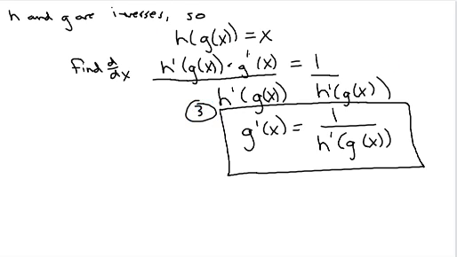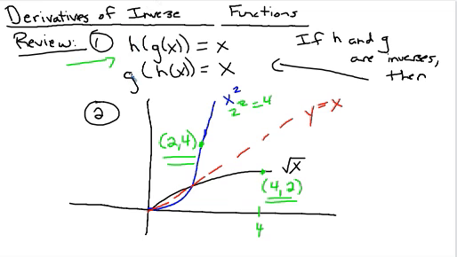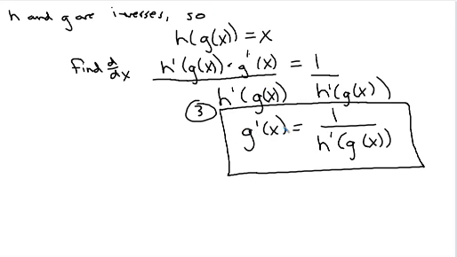But what I want you to remember is that it can go both directions. So not only could I have g prime of x equals 1 over h prime of g of x, I could also have that h prime of x equals 1 over g prime of h of x.